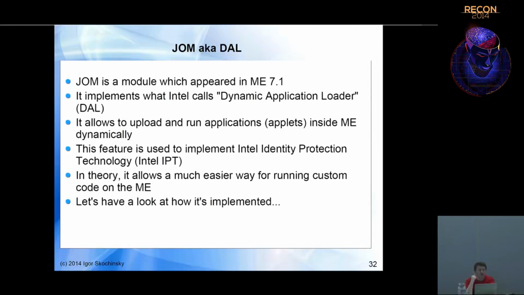It allows you to upload applets into ME and execute them at runtime. So not just run the code which is already there in firmware, but you can run additional code. For example, they implement the Identity Protection Technology, this one-time password thing, using those applets. And in theory, it could allow for running your custom code on ME without reflashing, without having to find hooks into memory.